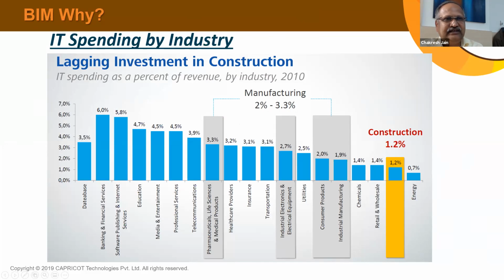In fact, many times people say the construction industry spends as much as an agriculture guy or a hunting guy spends for information technology. So we are at par with them. So that's the amount of spend we have on that. And therefore the current pandemic also highlighted that without using digital platforms, we will not be able to mitigate all these challenges.